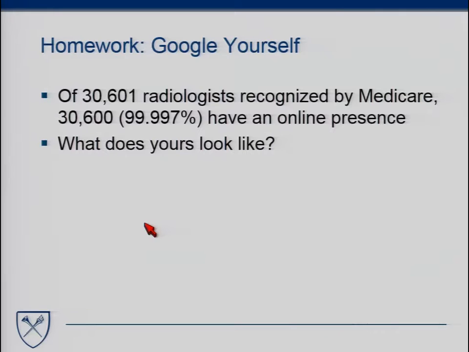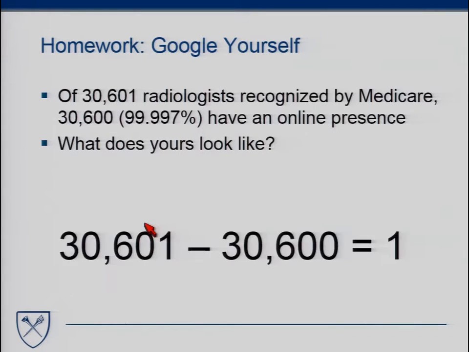Everybody's homework assignment after some of this is to Google yourself, see what your top 10 looks like. Some people have done that. From the work that we've done, 30,601 radiologists are in the Medicare database. 30,600 of them have an online presence, so you likely do. Make sure you know what it looks like. Now, this begs a question, which was the first question I asked: who's this one person?